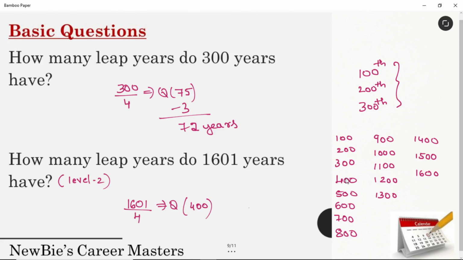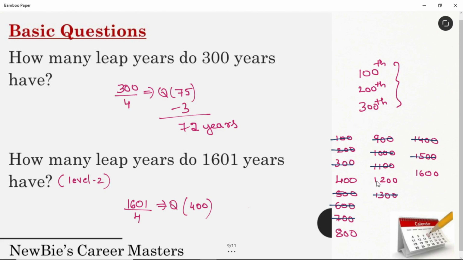See, 100 is not a leap year, 200, 300, 500 is not a leap year, 600 is not a leap year, 700 is not a leap year, 900, 1000, 1100, 1300, 1400, 1500. These are not leap years. You know the reason, because these numbers are not divisible by 400. Only 4 leap years are there.